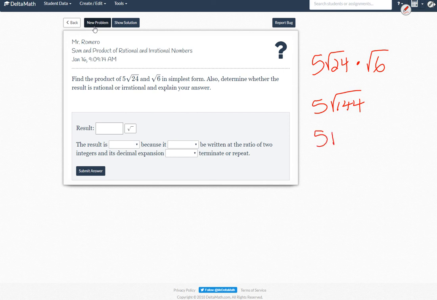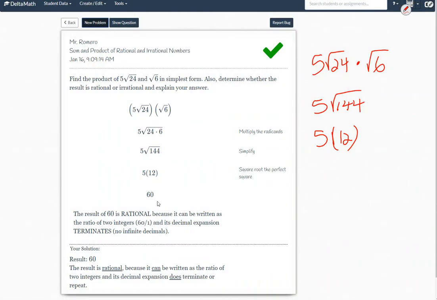Square root of 144 is 12. 5 times 12 is 60. So I write 60. This is rational, and if it's rational, it can and does. Check mark. We like check marks.